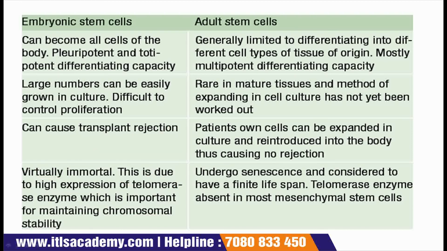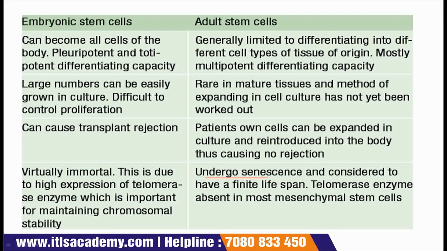If we talk about adult stem cells, these undergo senescence. Senescence is the process of decaying steadily, or you can say if this is the initiation, this is growth, and this decline is known as senescence. So these adult stem cells undergo senescence.